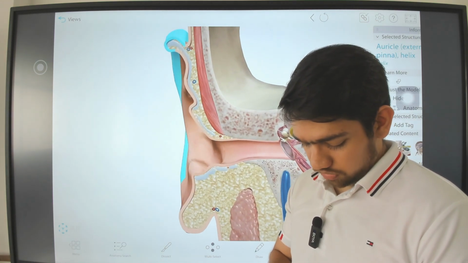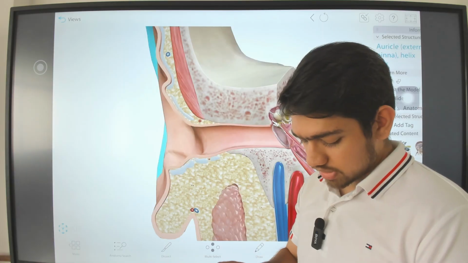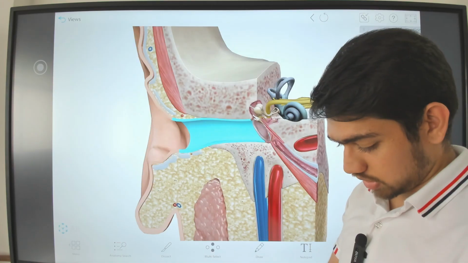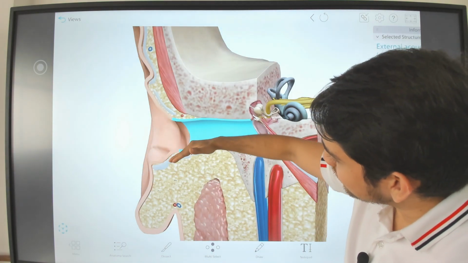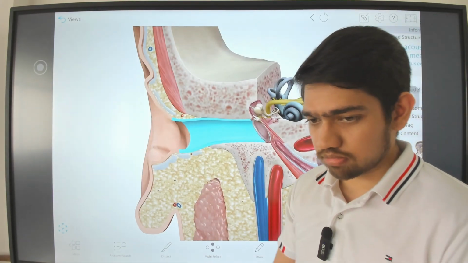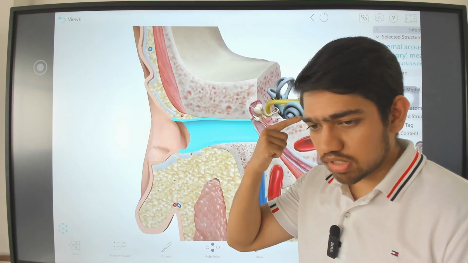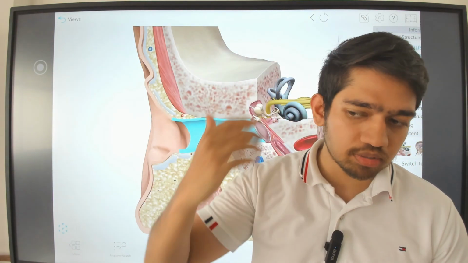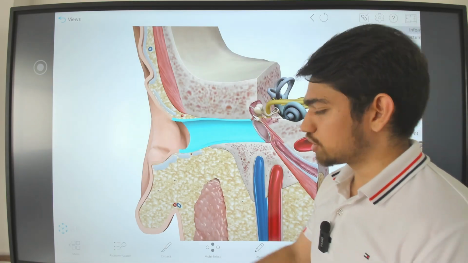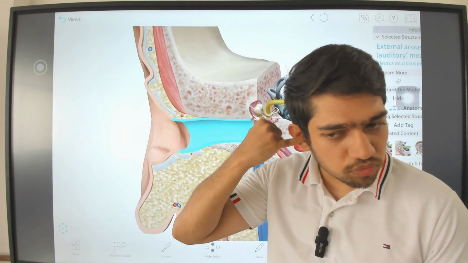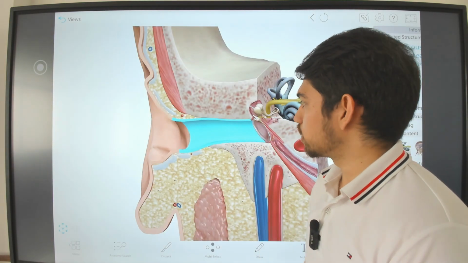Then the other part of the external ear is this. It is called the external auditory meatus, which they say is a slightly S-shaped curve. There's a curvature for the protection of the inner structures, because it's a curved path. Things can't directly reach the inner ear, such as objects that you can poke in your ear.